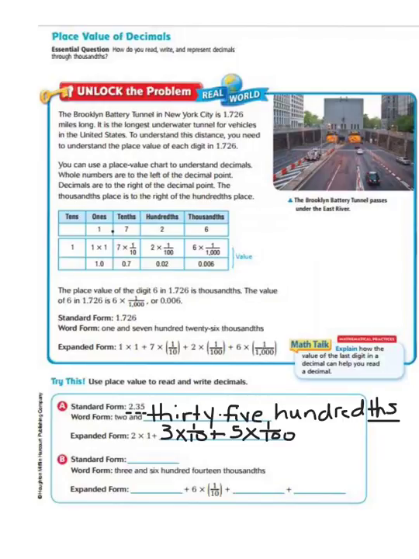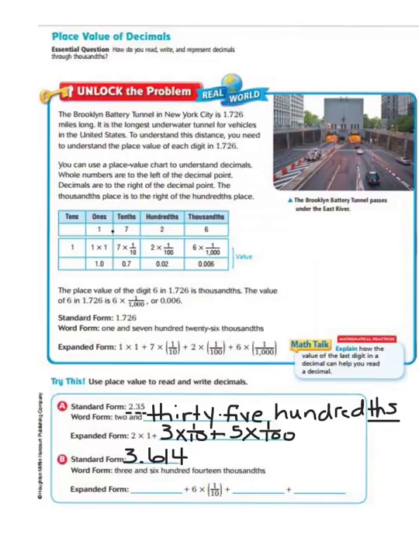Now, if we have our standard form, which is what we have to find, we have to look at our word form, and it says 3 and, so we know the 3 is our whole number, and the and is our decimal, 614. So let's write that first, 3.614. So that's our standard form.